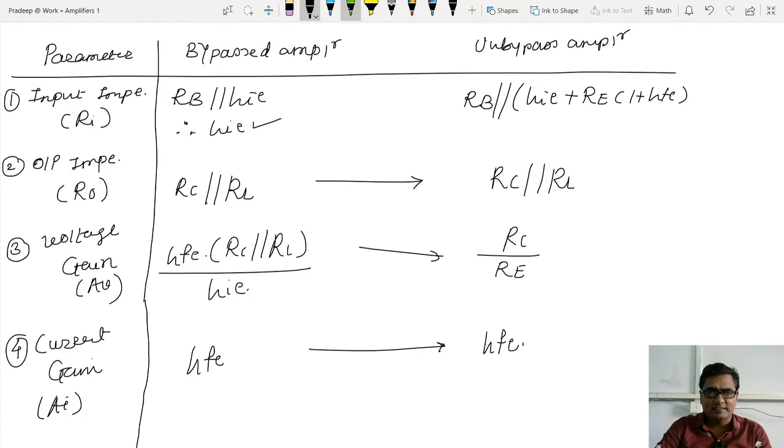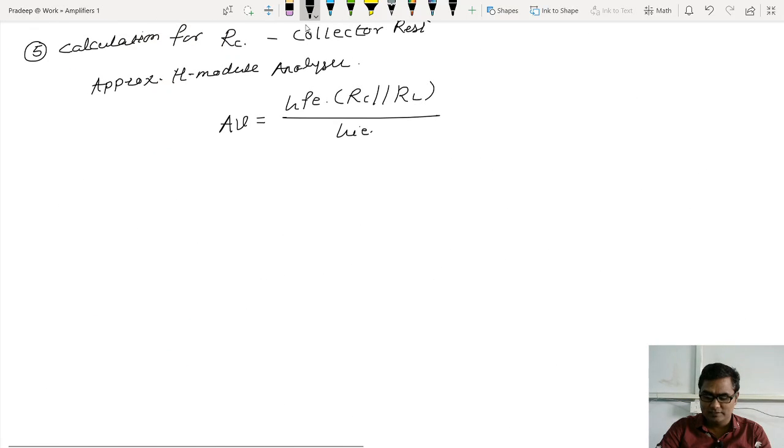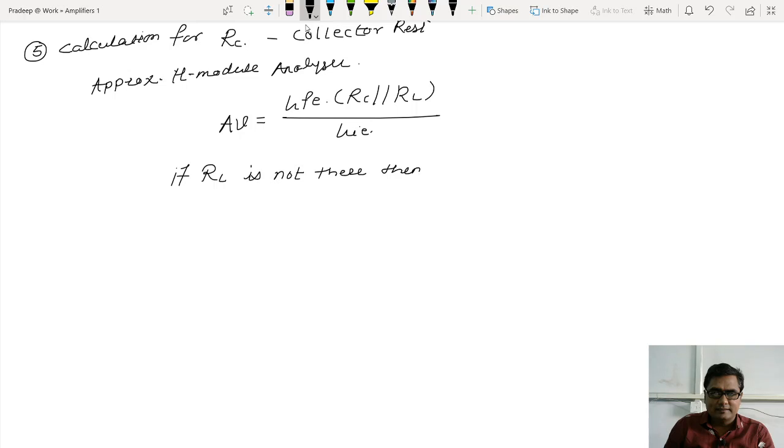Look at this. Voltage gain equals hfe times RC in parallel with RL divided by hie. But in this case, we don't have any RL, load resistor. So if the load resistor RL is not there, then AV becomes hfe multiplied by RC divided by hie.